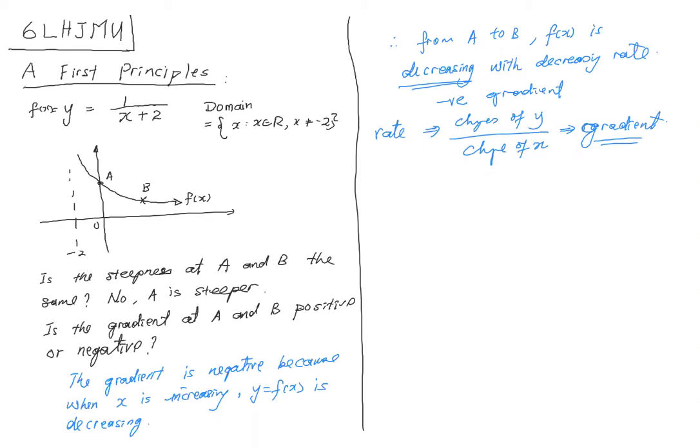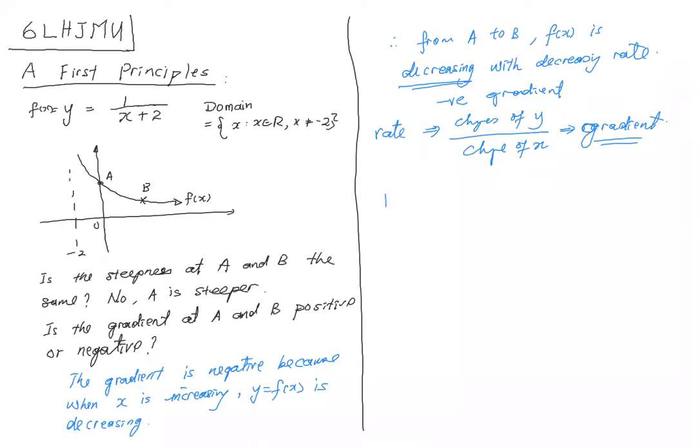The decreasing rate means you talk about the steepness of the graph at a certain point. So now everyone, are you clear? What is the meaning of gradient? For this particular function, the gradient at a certain instant keeps changing. Agree with me?